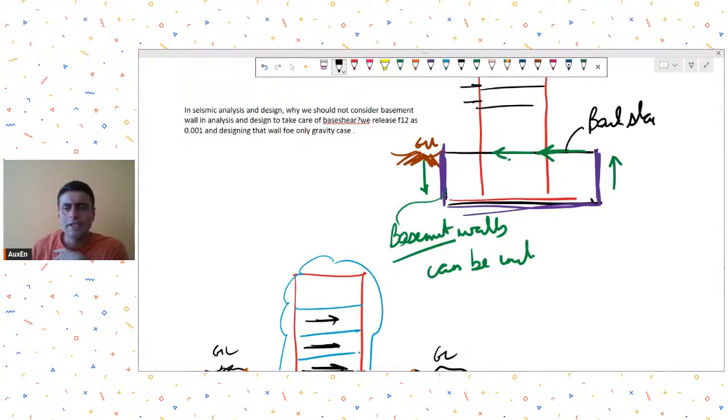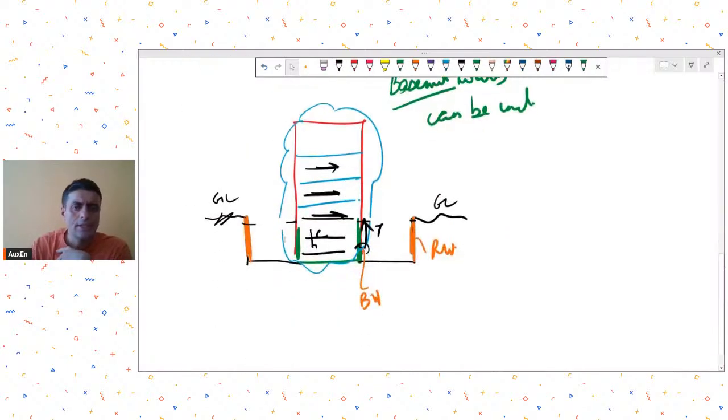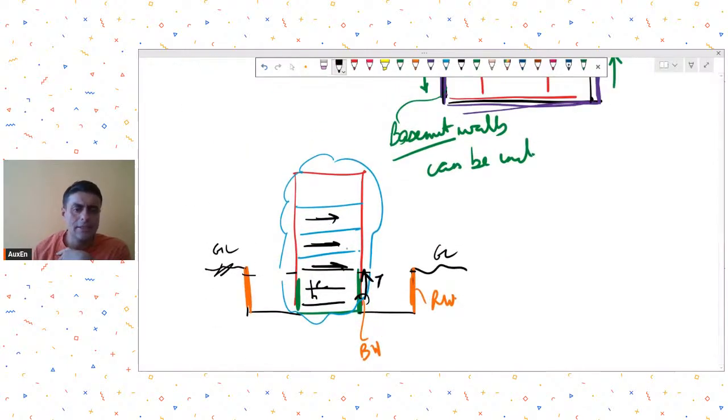So this action we call the backstay, where a horizontal element like a ground slab or a podium slab, when it is connected to basement walls, or even if it's not connected to basement walls, helps you to resist the seismic base shear and seismic overturning moments. In this case, that backstay effect will not take place, but still the basement walls will resist the seismic base shears and seismic overturning moments.